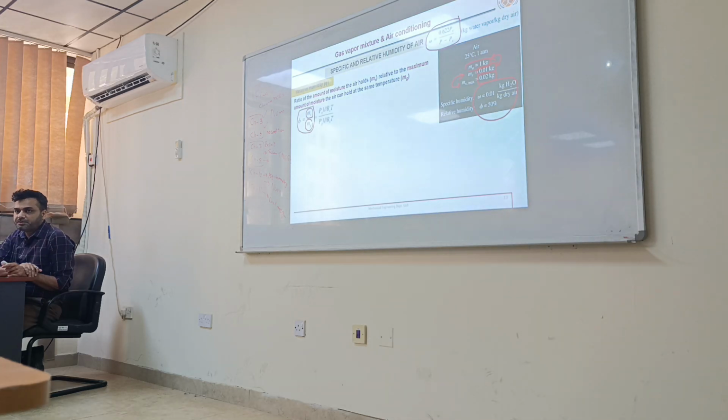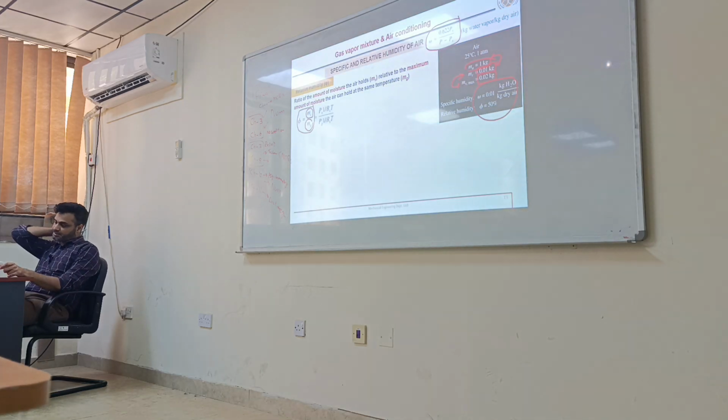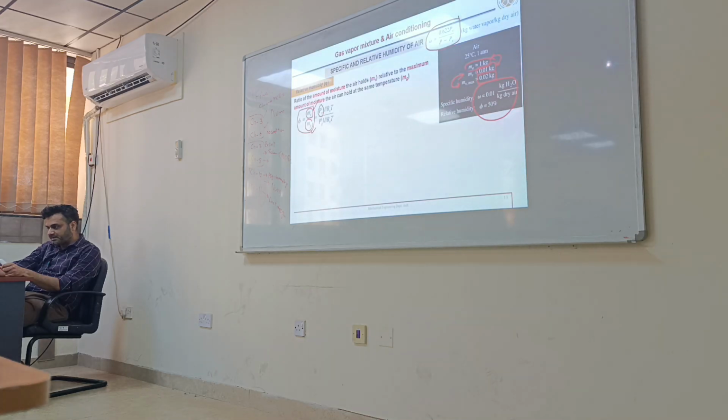So here again, we can use the ideal gas equation, but now it's all water divided by water. What is the difference? Here is the actual pressure, that is the saturation pressure at the same temperature.